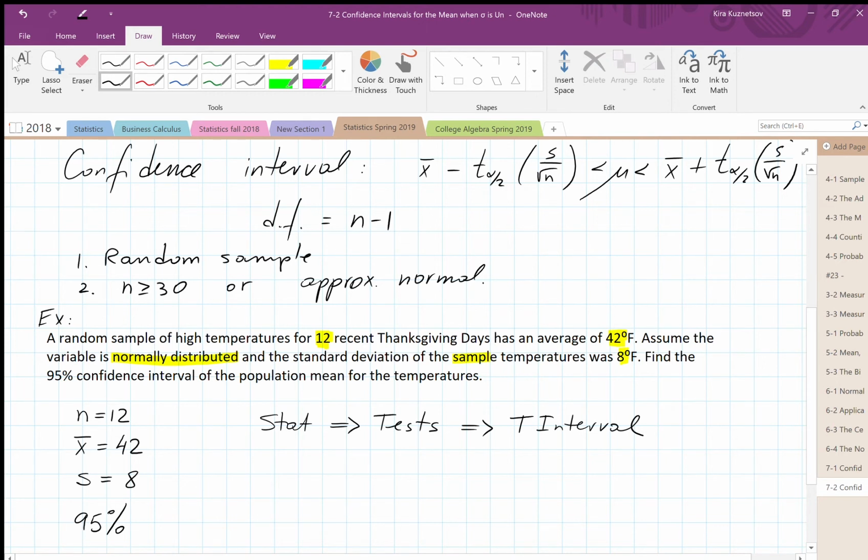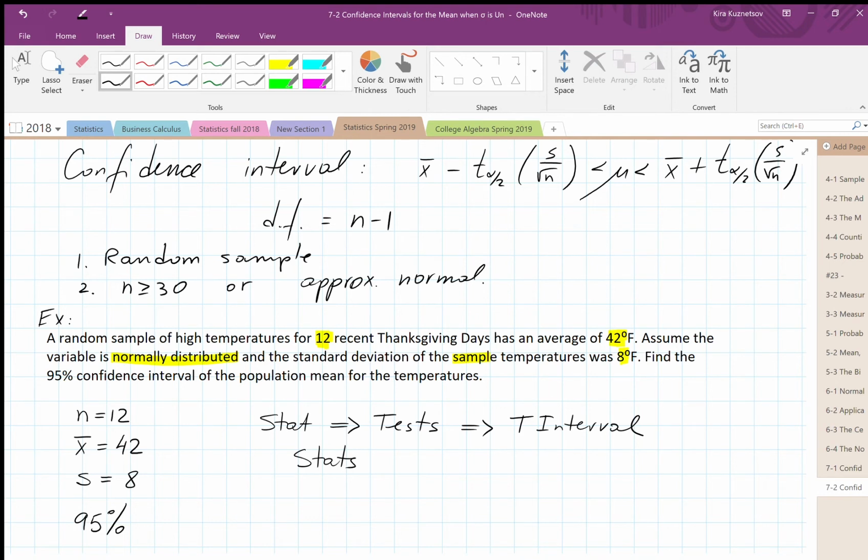If you push on the t-interval, you have either data or stats. In this one, they were giving me statistics, so I will choose stats. It's asking me for the x-bar, which is 42, for s, the standard deviation of the sample, and n, which is equal to 12. Then I need a 95% confidence interval and push calculate.